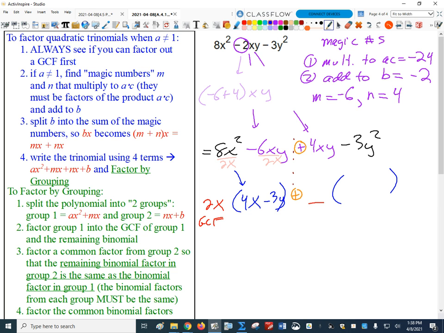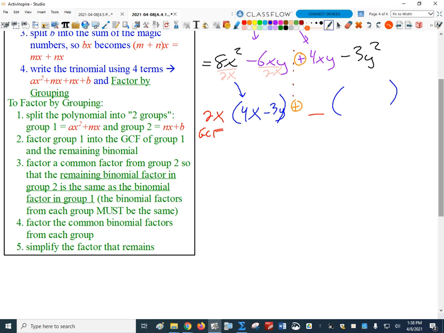Which one of those has to be the same in the two groups? Remember how that works, factoring by grouping? Remember that the remaining binomial factor in group 2 has to be the same as the binomial factor in group 1. Those always have to be the same. So immediately I can just write 4x minus 3y there.